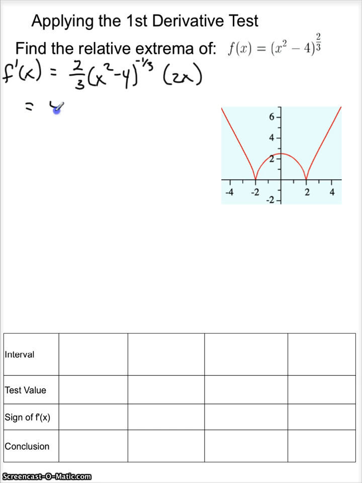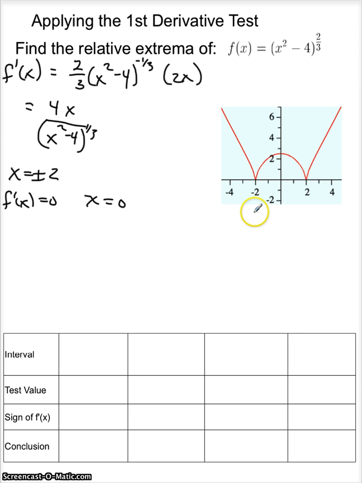So this is 4x divided by x squared minus 4 to the 1/3. All right, the denominator is 0 when x is plus and minus 2. And the function f prime is 0 when x is 0.